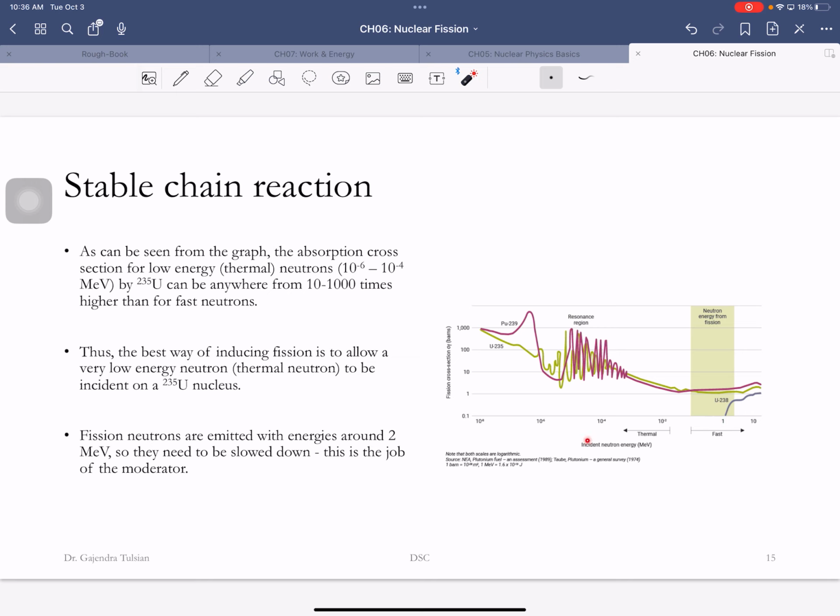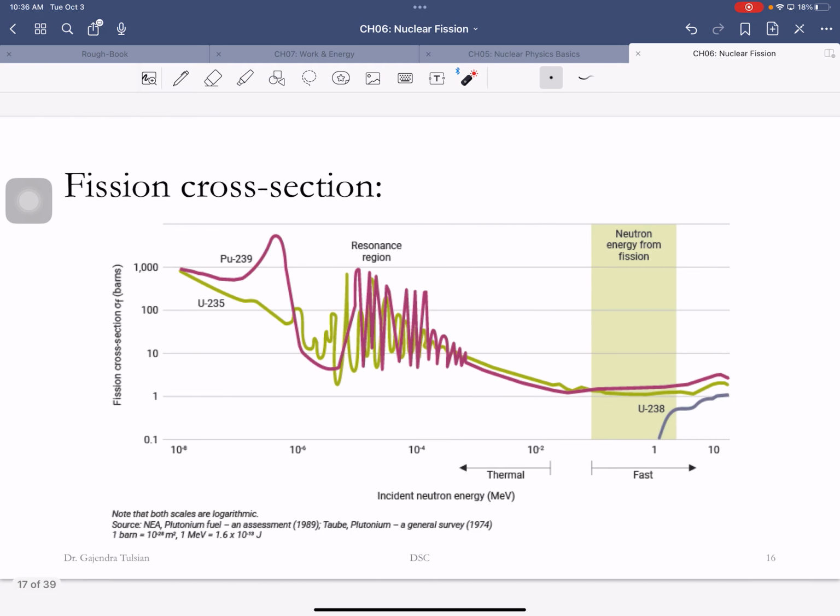So if you can slow down this neutron, this is in U-235 and plutonium-239, then the fission cross-section can increase by a factor of 100. That's what a moderator does. It slows down the fast neutrons to slow neutrons that will cause further reaction.